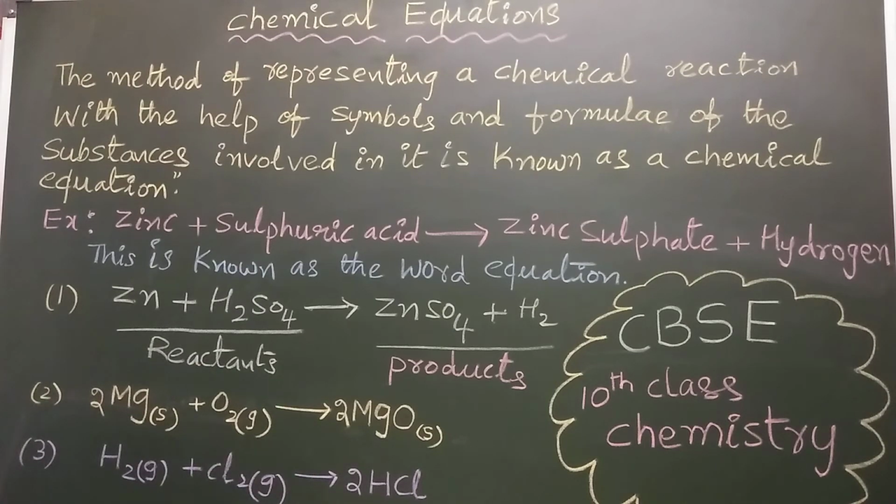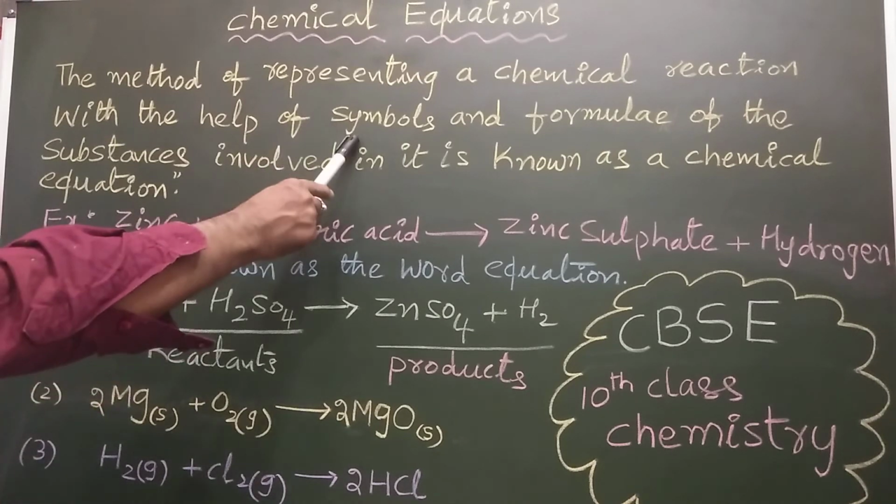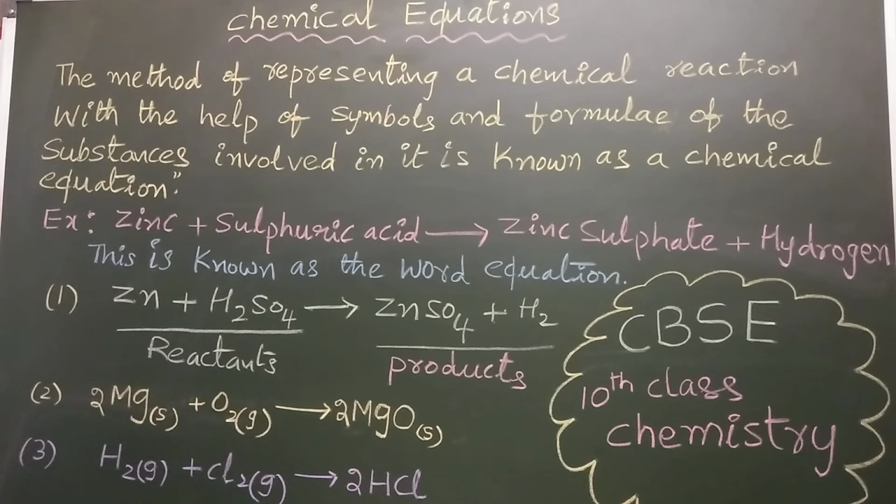Mainly, to get a good idea about chemical equations, we should know symbols and their formulas very well. You know, in the periodic table, from hydrogen up to 110 or 112, so many numbers are given.